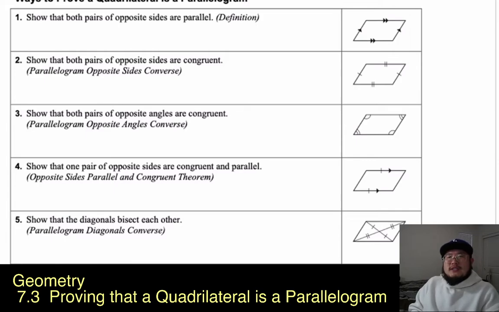Number 3 is to show that both pairs of opposite angles are congruent. That's your parallelogram opposite angles converse. Then we show that one pair of opposite sides are congruent and parallel. There's your opposite sides parallel and congruent theorem. And then the 5th one is to show that the diagonals bisect each other with the parallelogram diagonals converse. So there are many different ways for you to show or prove that a quadrilateral is a parallelogram.